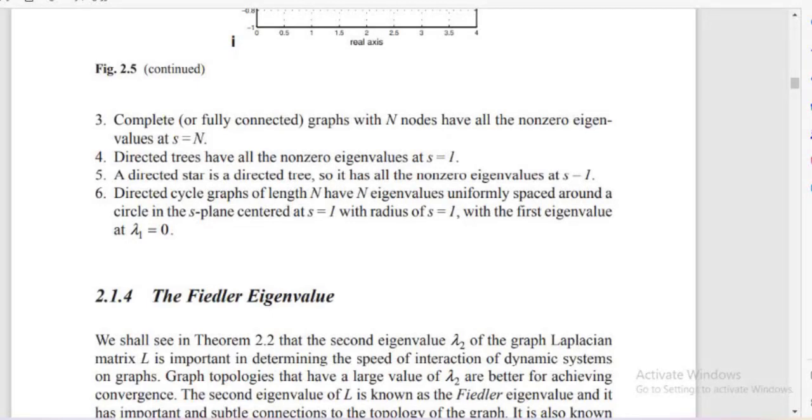A directed star is a directed tree, so all non-zero eigenvalues are equal to 1.